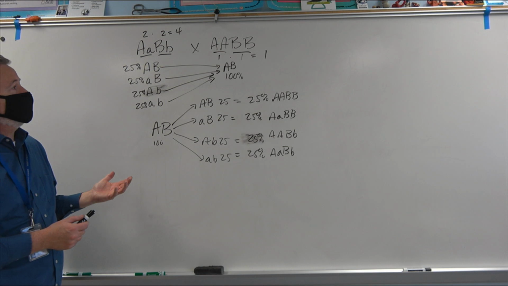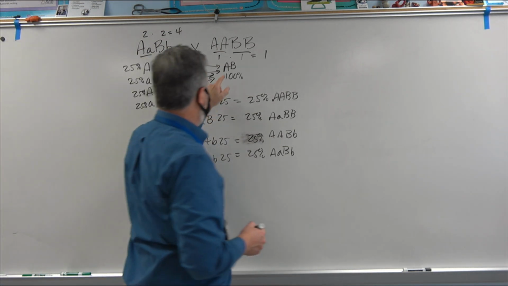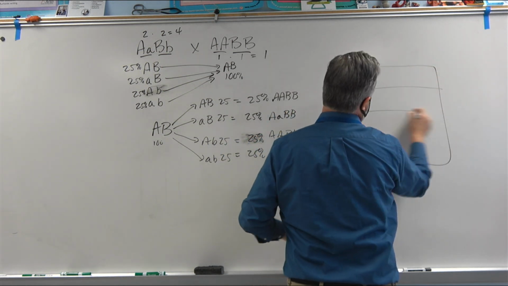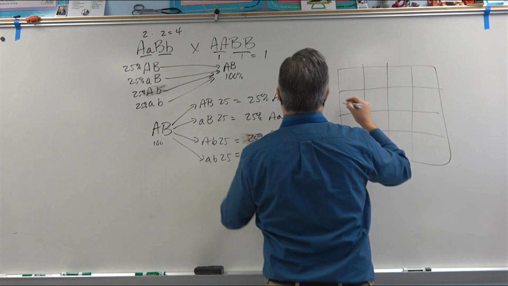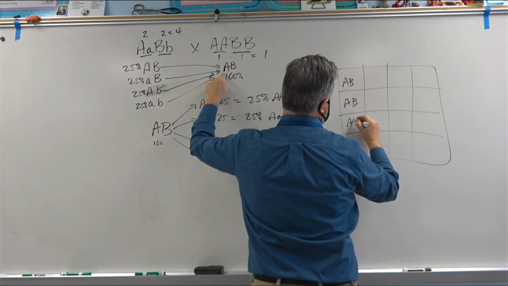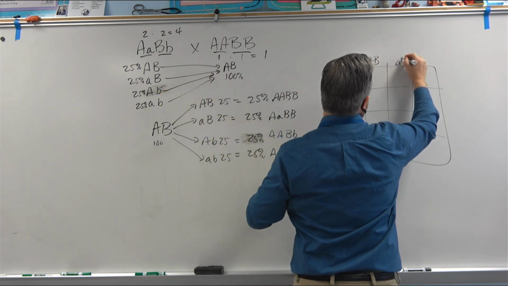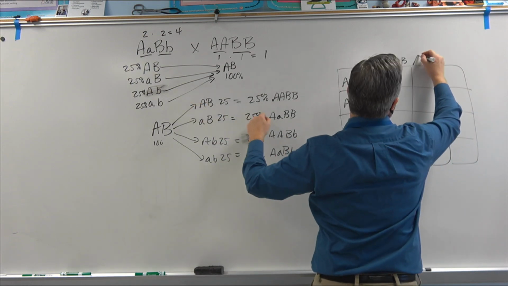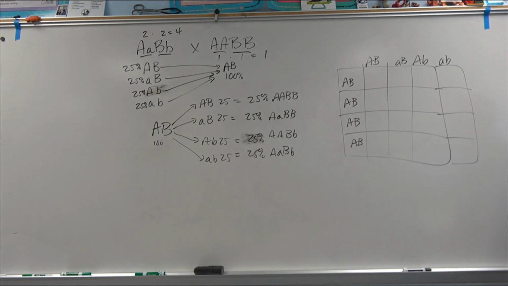You can still do a Punnett square, but I actually had a teacher tell me that they made the kid do this, and I was like, what is wrong with you? They actually made the kid write that 4 times.